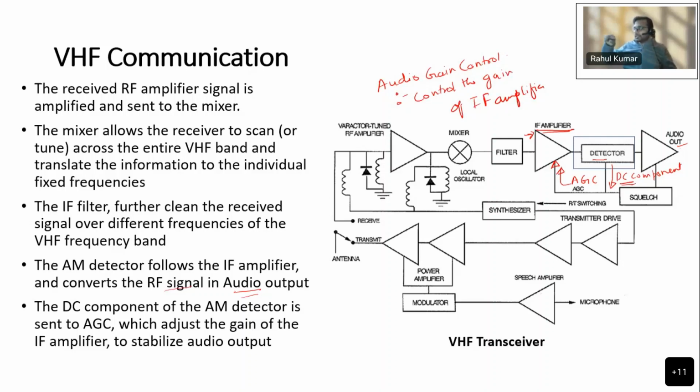So using this DC component or this AGC signal, you can either increase the volume or reduce the volume, kind of, right? So by adjusting the gain of the IF amplifier, you can stabilize the audio output. Okay, so it automatically adjusts the volume.